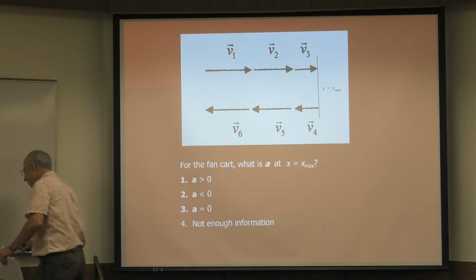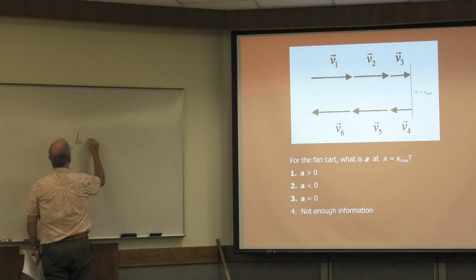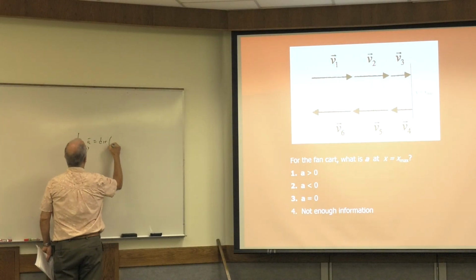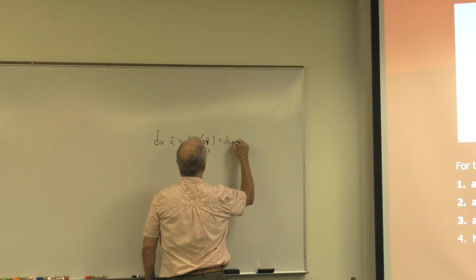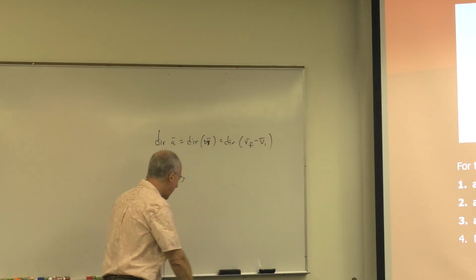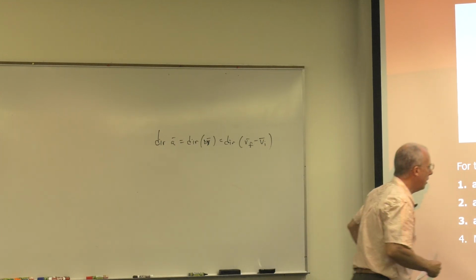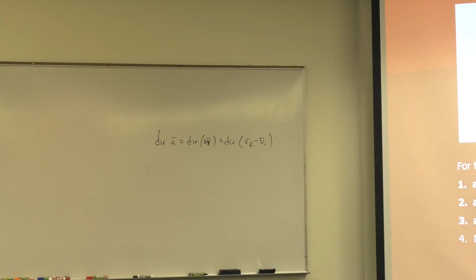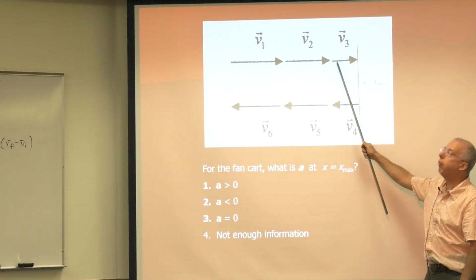Well, the direction of A is the direction of delta V, which is the direction of V final minus V initial, right? Okay, well, what's V final and what's V initial? We're trying to get the acceleration here. V final is kind of like V after. V initial is like V before.